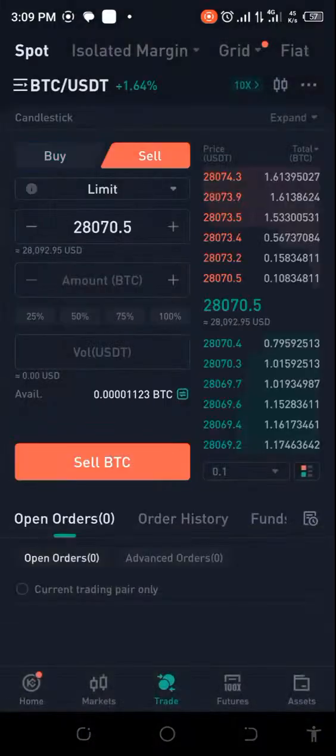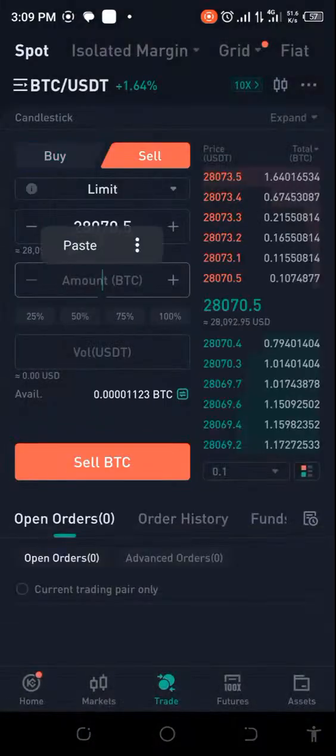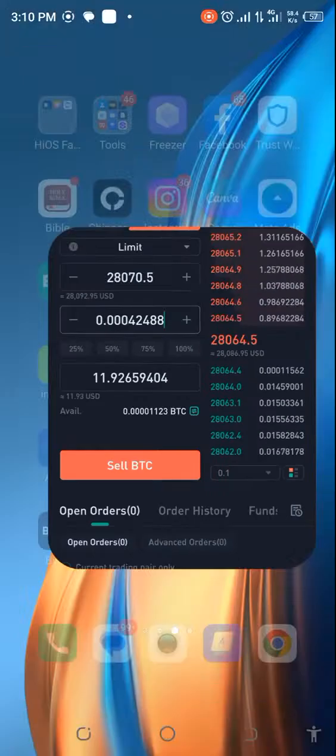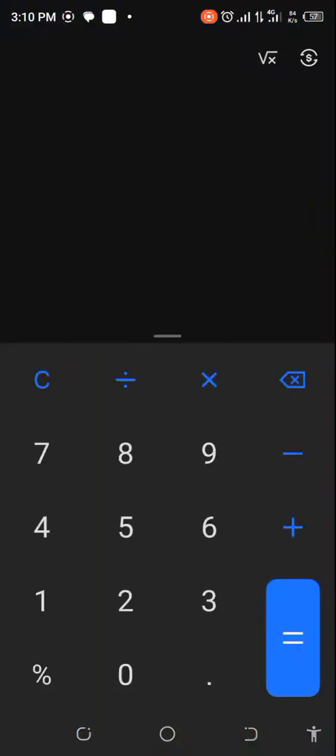So, I am about to paste BTC. Don't forget, what we have is 11.92. About 50 cents or something in that range. Looks good. Let me check in my calculator, so I'll be sure that the signal is giving us what we really want.